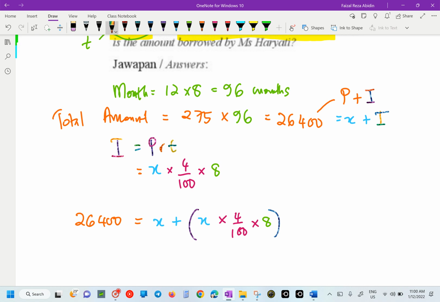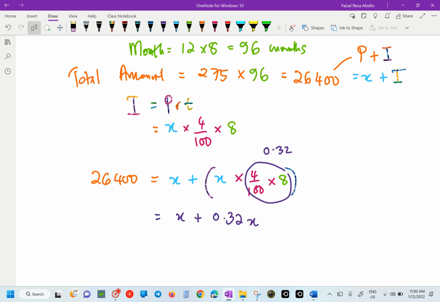So inside the bracket, we have 0.32, right? Times with X, I'm going to get 0.32X. So I'm going to get X plus 0.32X. Can you understand?